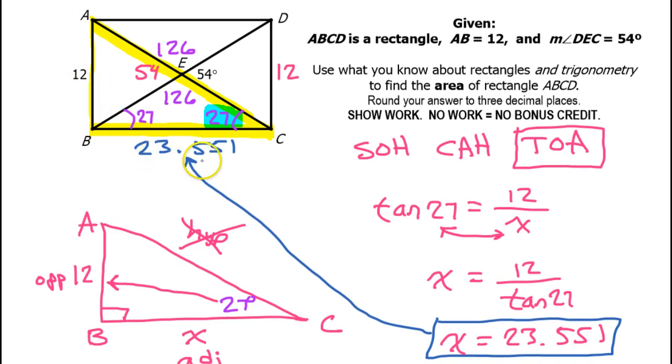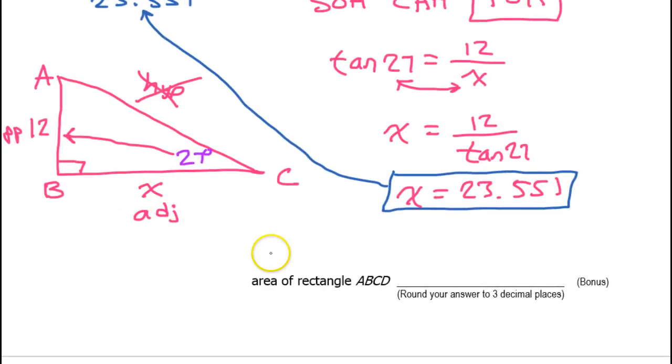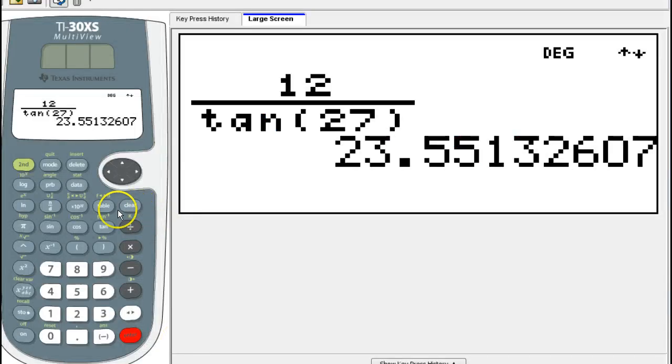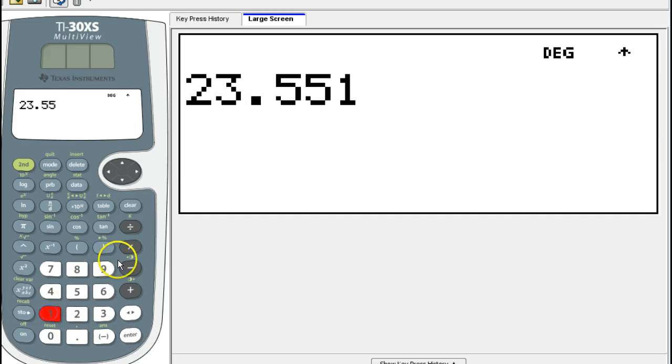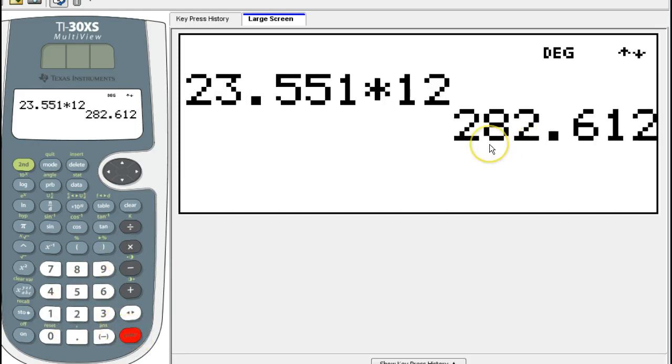So it's going to be 23.551 times 12. Okay, so the area should be 23.551 times 12. So 282.612.